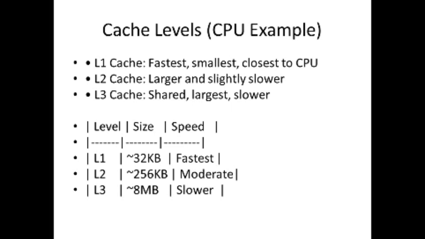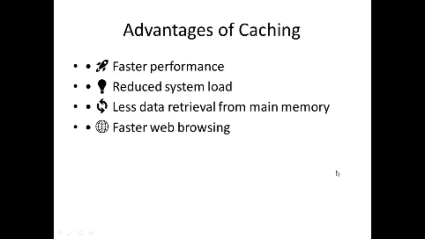So you can see level one is 32 kilobytes and fastest, level two is 256 kilobytes and moderate, and level three is 8 megabytes and slower.